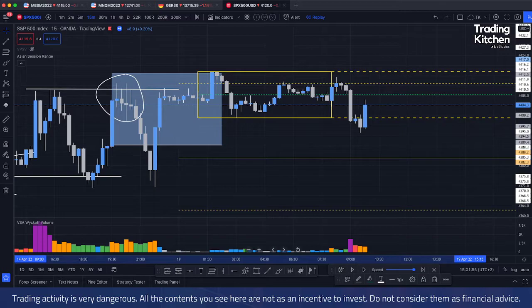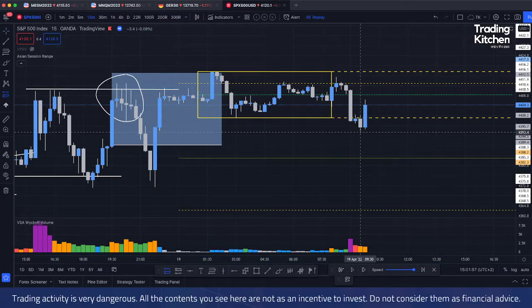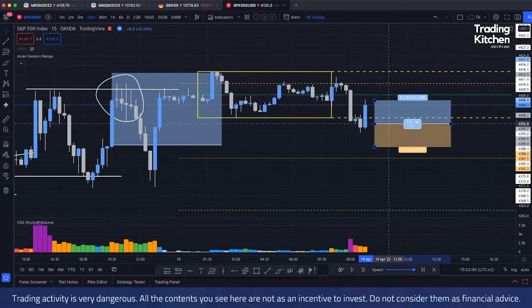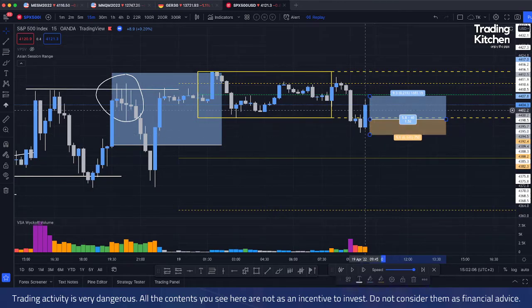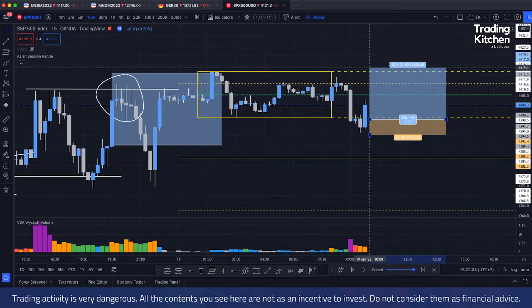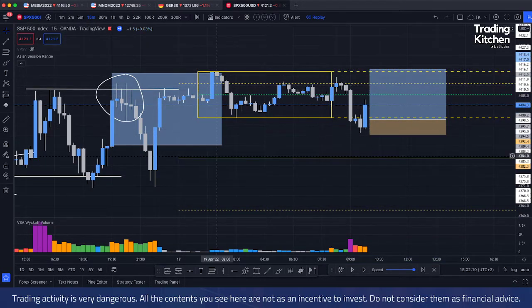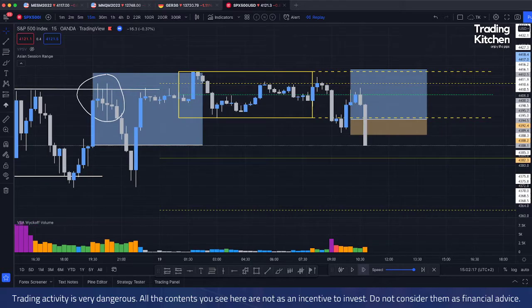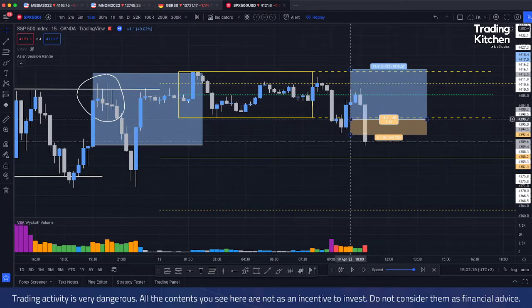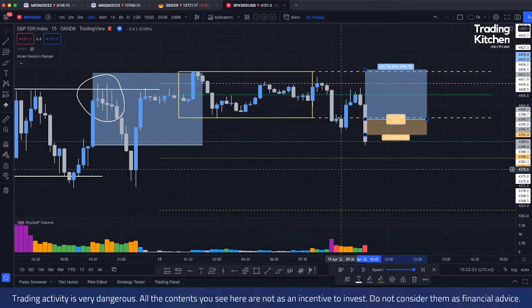So what I do is have a long trade on the 50% of this range, stop loss here, and the TP here close to the Asian low. And as you saw, we are on a stop loss.